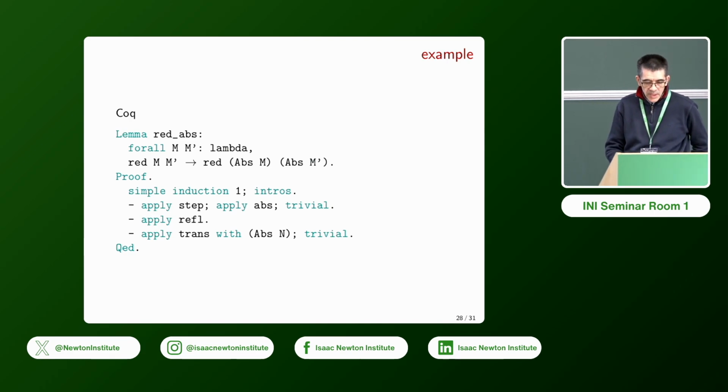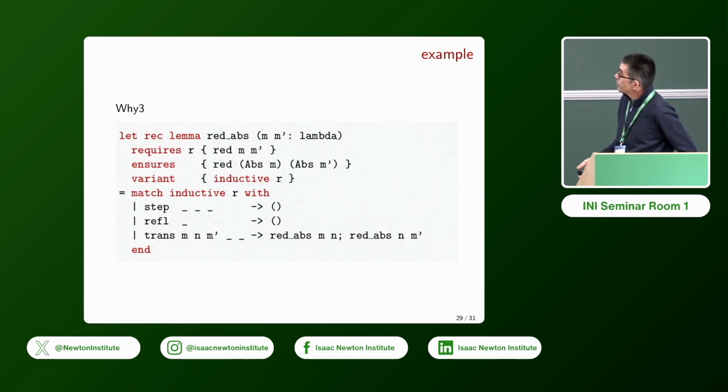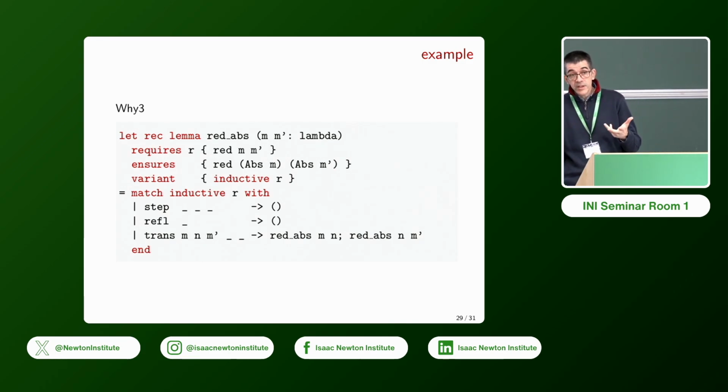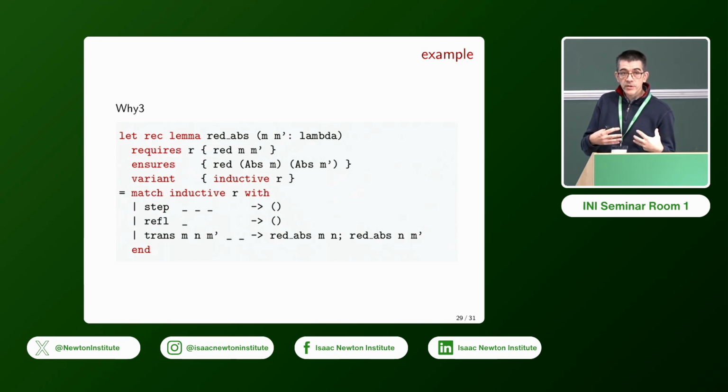And so the same proof in Why3 would look like this. It has basically the same structure, but it's kind of different from Coq, where the induction tactic is applying some induction principle that was automatically generated from the definition.